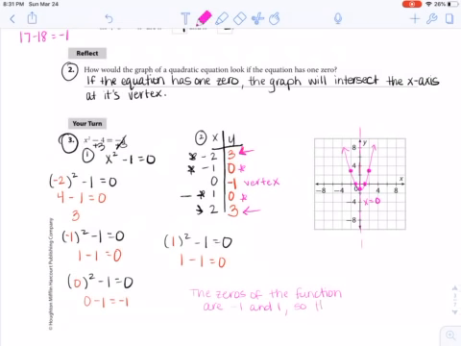So the solutions, or solutions, because we have 2 zeros, of the equation are x equals -1 and x equals 1. Okay, that would be how you would write your answer.